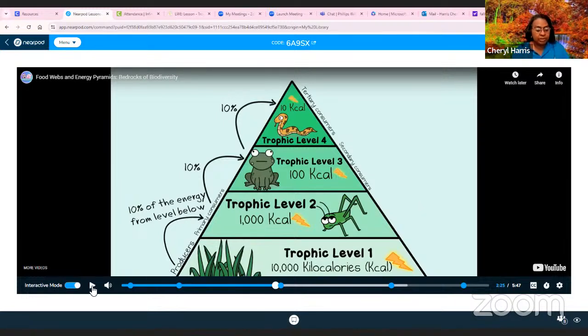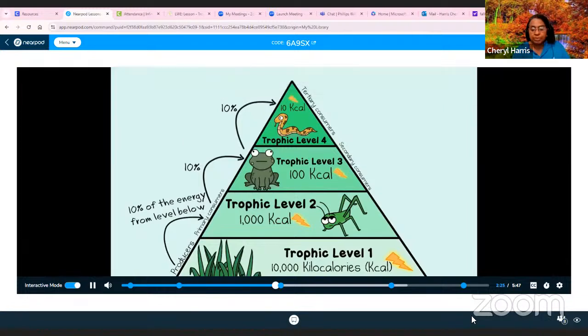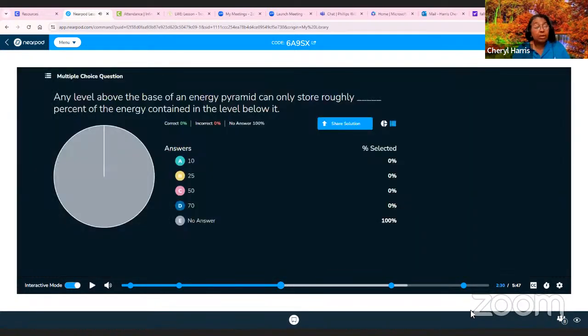All right, I'm going to let it finish. 10% of the energy from the trophic level below that will be stored. Now I just explained all of that, so answer that question. Any level above an energy level can only store how much?